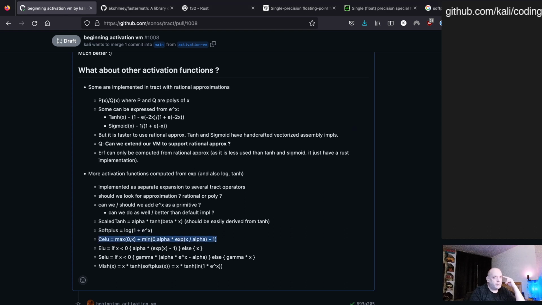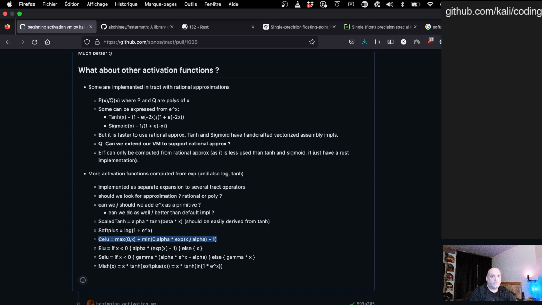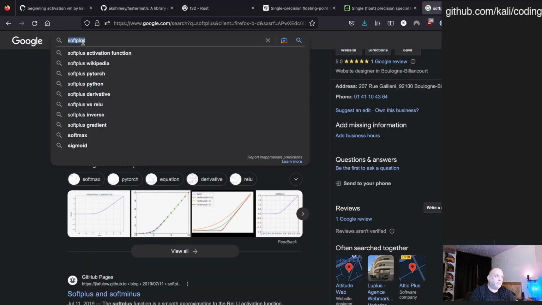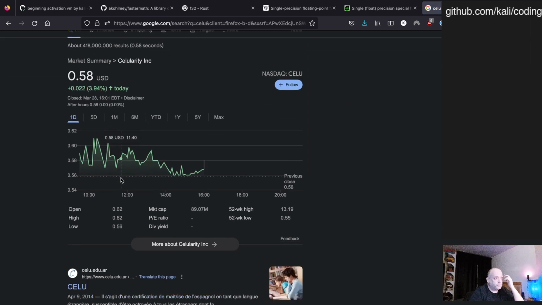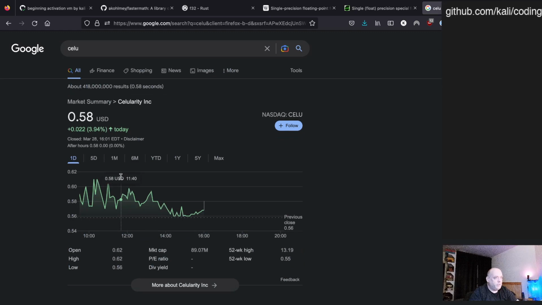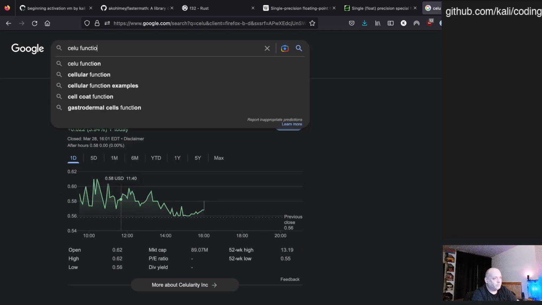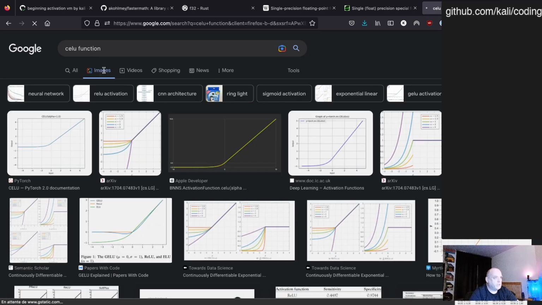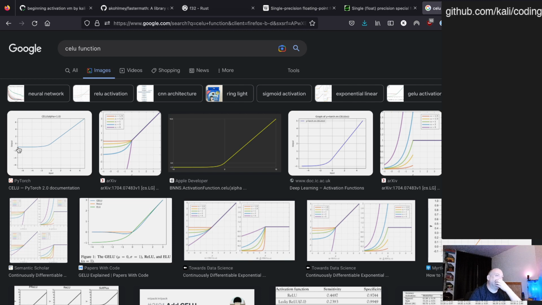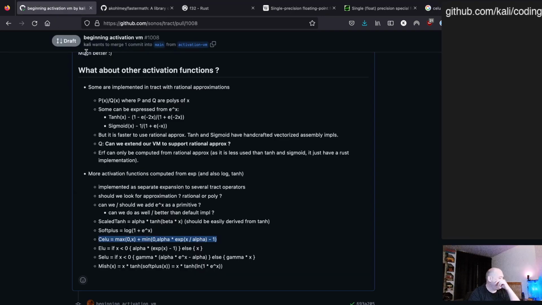That one, CELU, I'm not sure what it is, it's probably of the same family. So negative is 0 and positive is, I'm not sure. CELU function. Come on, give me an image. CELU, okay, yeah, this one converges to -1 in the negative and x in the positive. So I'm not sure what to approximate it with.